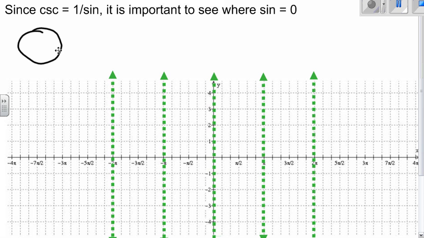From 0 to pi, that's the top half of the unit circle. In all of those, sine will be positive, cosine will be negative after that. Sine will be negative after that. And also, sine of pi over 2 is 1, so at pi over 2, it would equal 1 over 1.